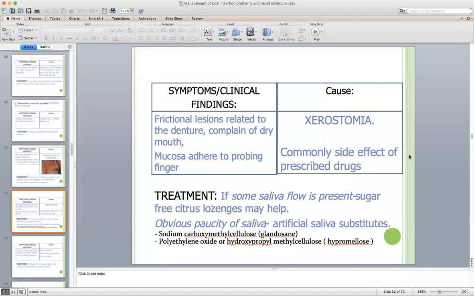Then frictional lesions related to the denture: the patient complains of dry mouth, and the mucosa adheres to the probing finger. The mucosa gets adhered to the denture, and when the patient comes with this complaint and we inspect the oral cavity, we feel that the finger is getting adhered to the mucosa.